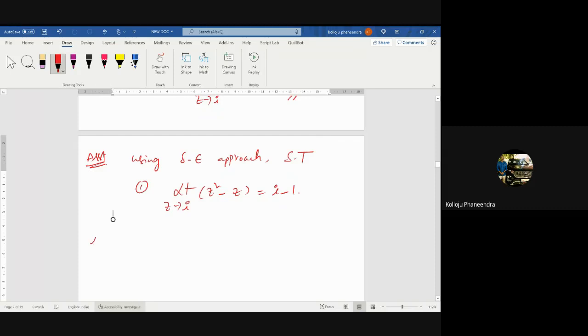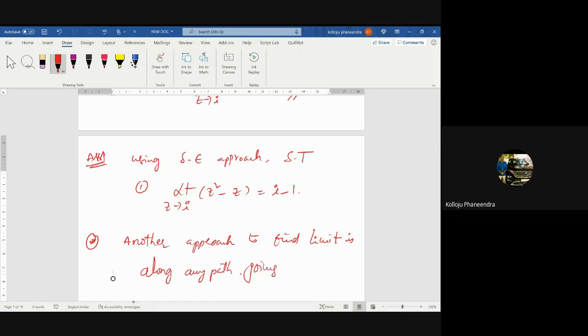Another approach is to find the limit along any path joining z and z naught.